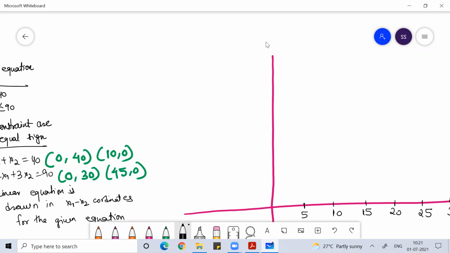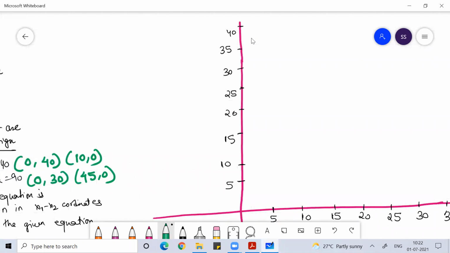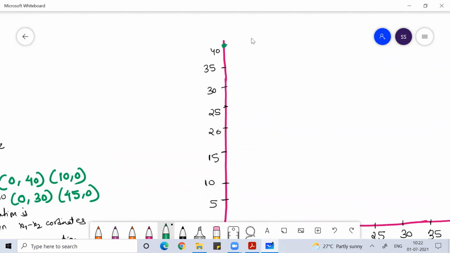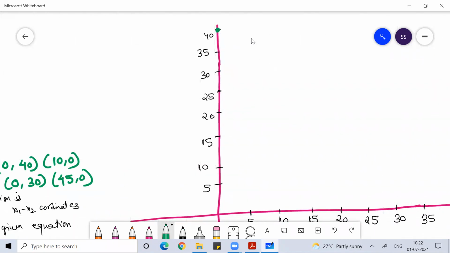Similarly for x2, start with 0, then 5, 10, 15, 20, 25, 30, 35, 40. So the first line would be through 0 comma 40 and 10 comma 0.